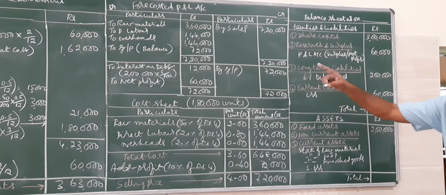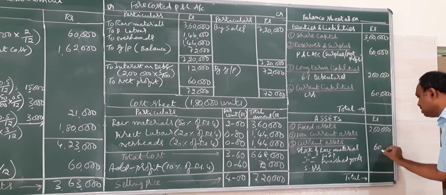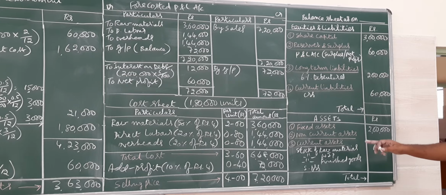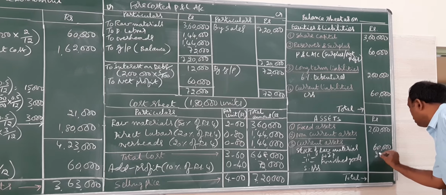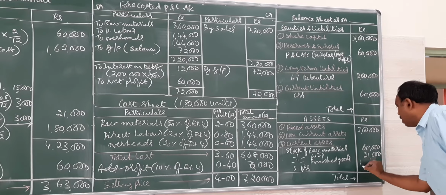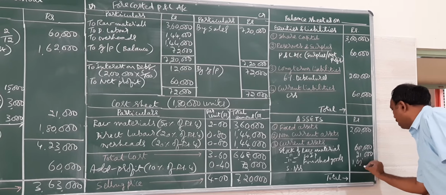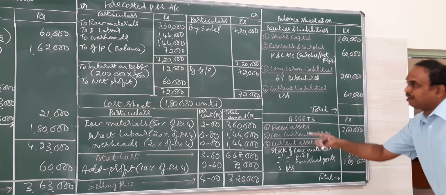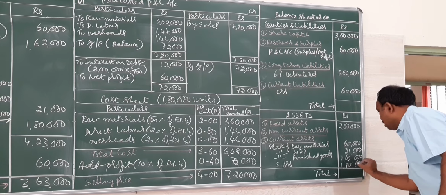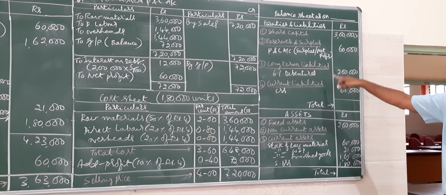So let me enter one by one. Stock of raw materials 60,000, stock of work in progress 21,000, stock of finished goods 1,62,000, sundry debtors 1,80,000. So I entered all the current assets and current liability here.